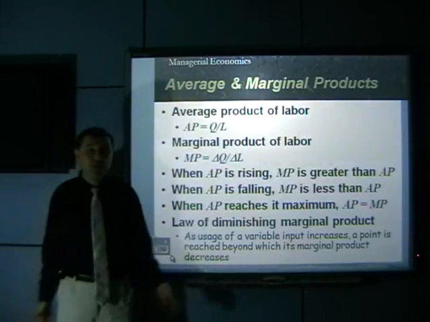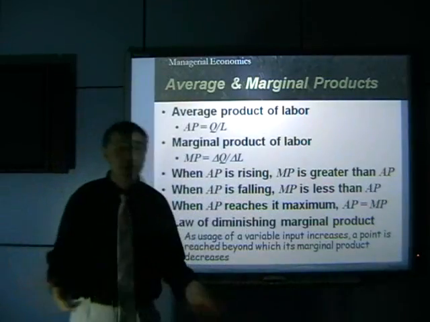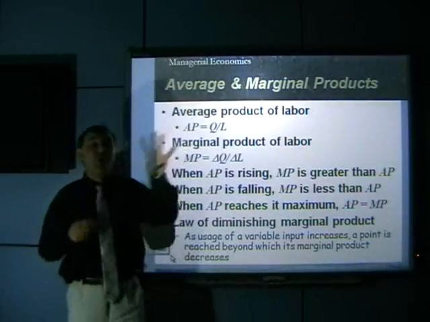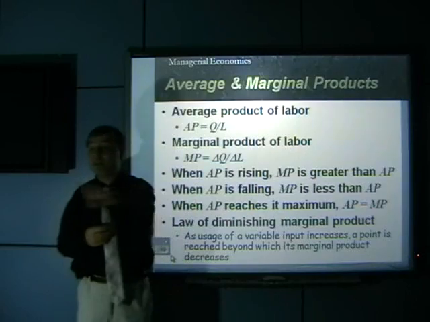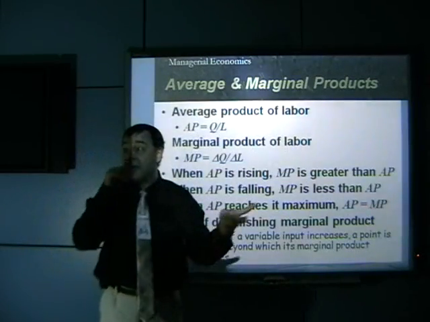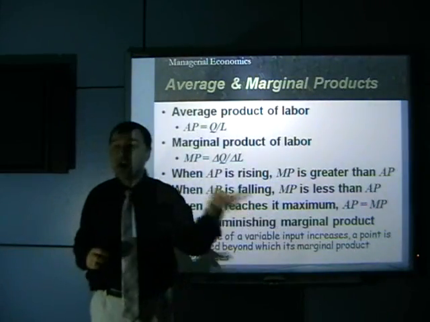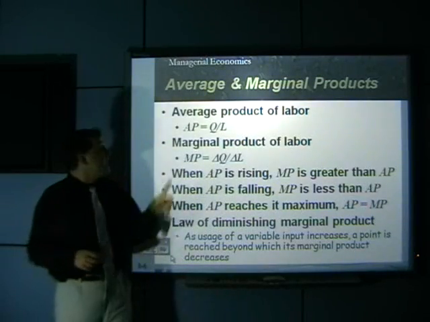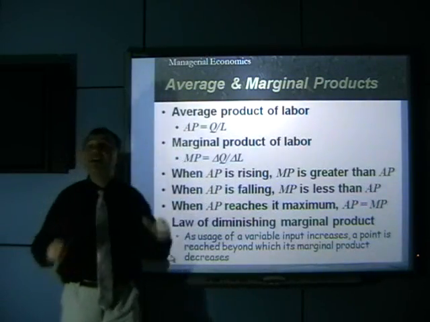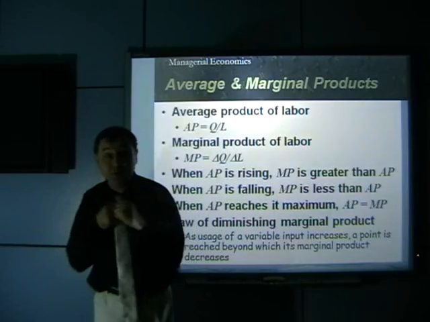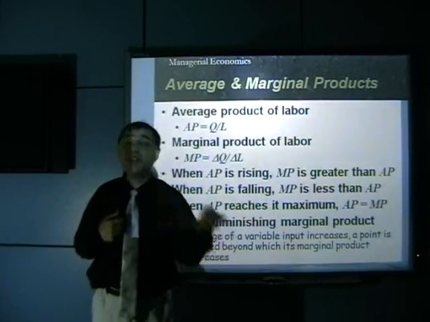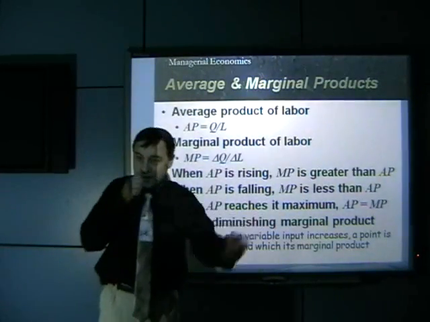An example would be, if I'm just picking numbers, they are not real, 4 professors are serving this MBA program, and right now the MBA program has 40 students, then the average productivity of labor in this case will be 10 students per professor.